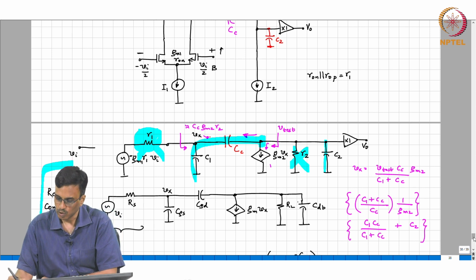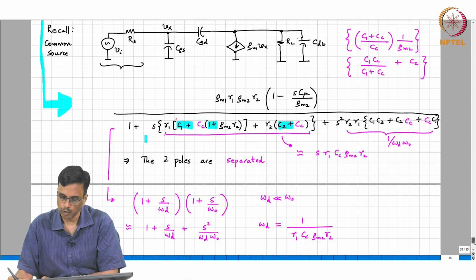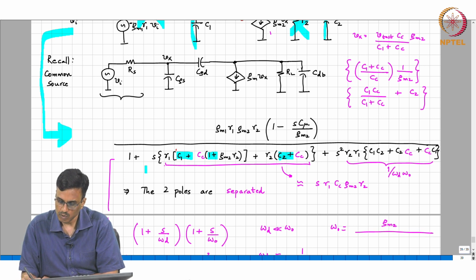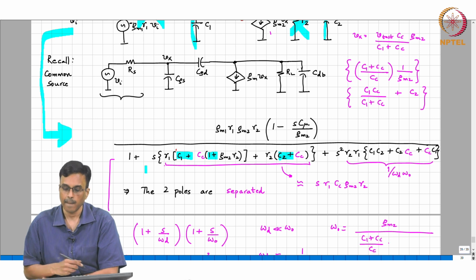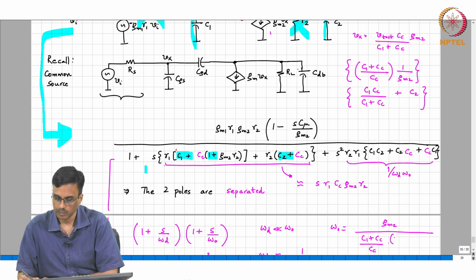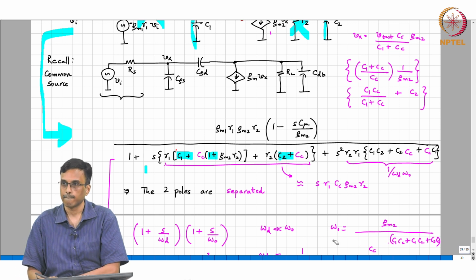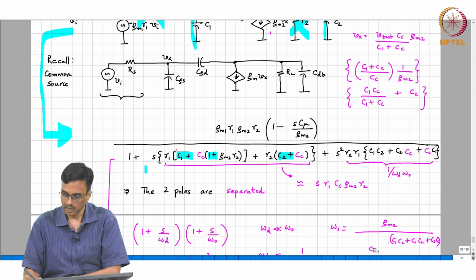Correct. So, what is the pole frequency therefore? Omega naught therefore must be 1 over Rc, which is Gm2 C1 plus Cc by Cc times C1 Cc plus C1 C2 plus C2 Cc by C1 plus Cc, correct.